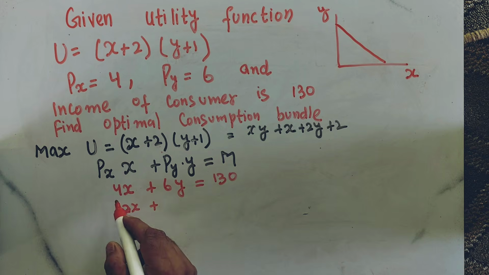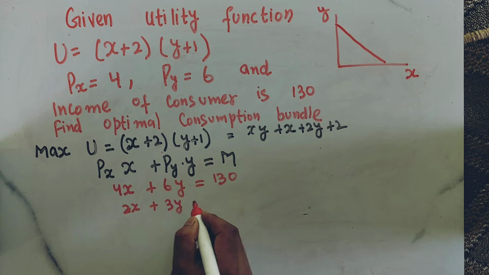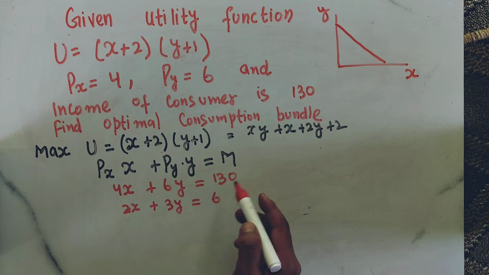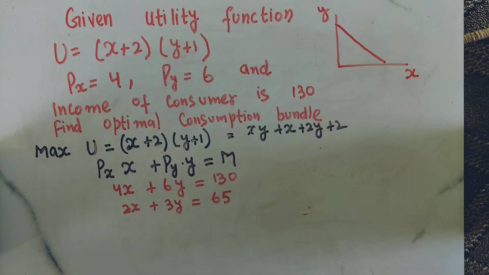Dividing both sides by 2, we get 2x plus 3y is equal to 65.